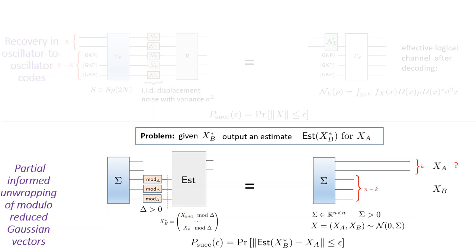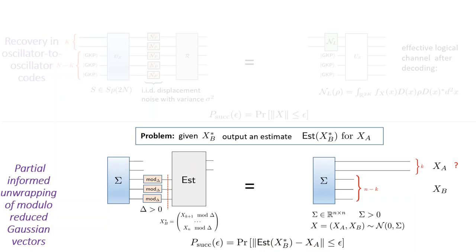The problem is therefore specified by the covariance matrix of the Gaussian distribution and the parameter delta, which determines what the estimator sees. In this problem, we are interested in the probability that the estimate deviates by at most epsilon in Euclidean distance from the actual value of the first k entries of x.